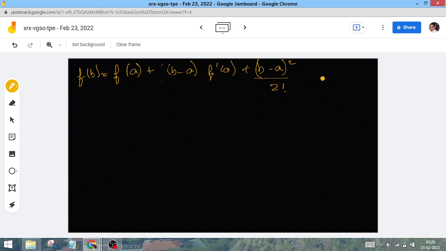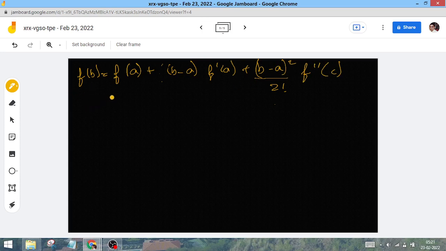The equation states that f of b equals f of a plus b minus a f dash of a plus b minus a the whole square by 2 factorial f double dash of c.